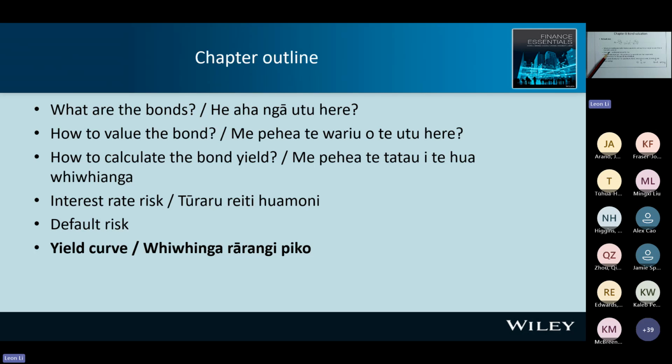The default risk is failure on making periodic payment or paying the principal on the maturity date, right? And I know the premium, default risk premium. Premium is an additional return for taking risk. So default risk premium is a portion of the nominal rate that represents compensation for the possibility of default.